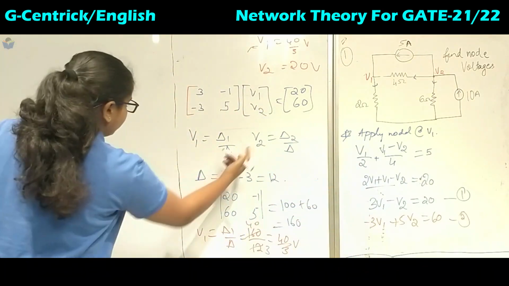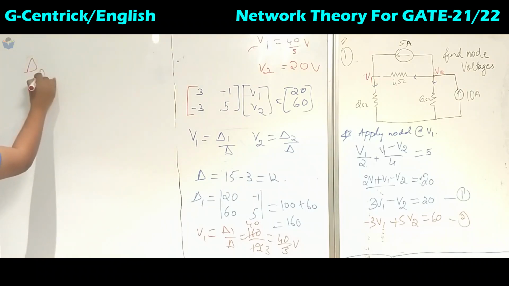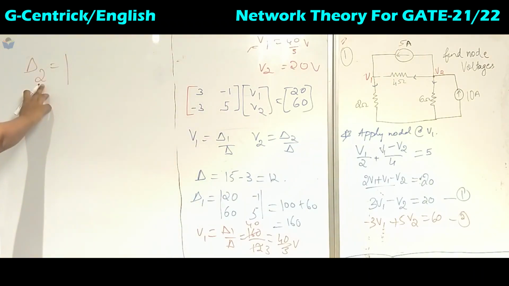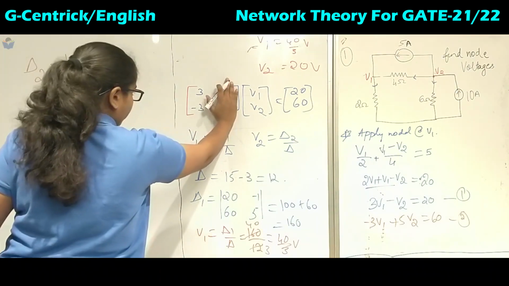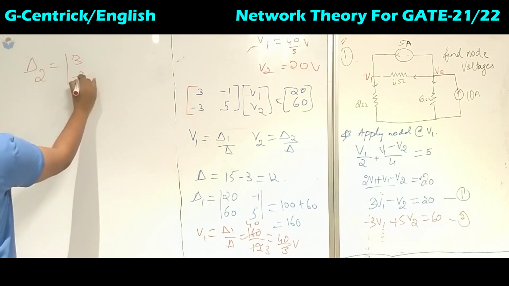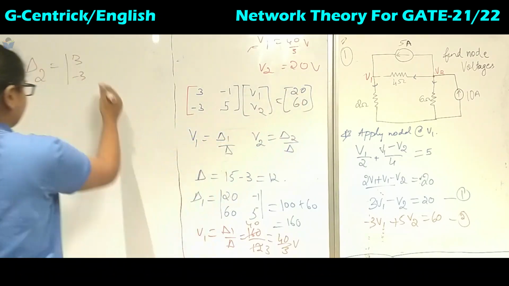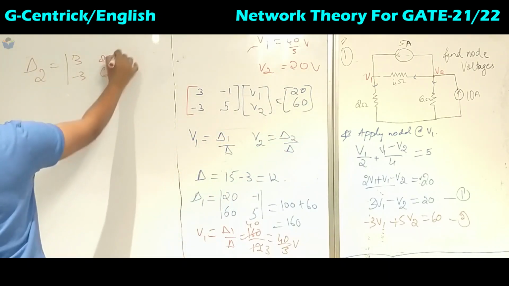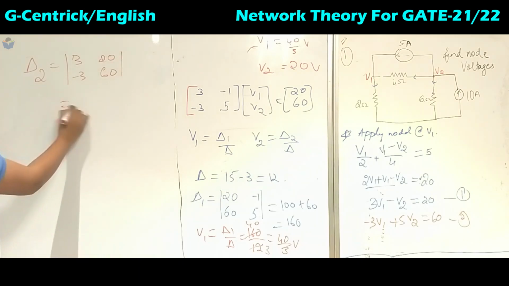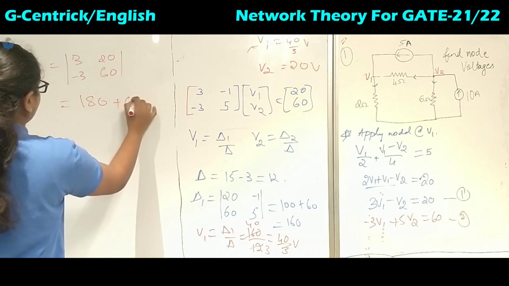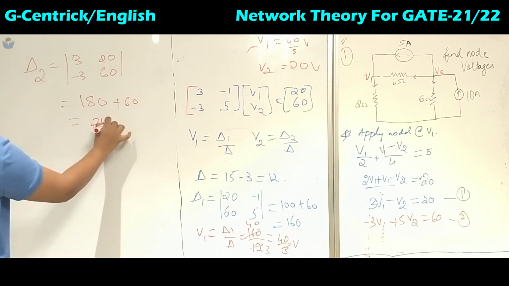Now to find the value of del 2, the subscript is 2, so replace the second column. Write the first column as it is and replace the second column with 20 and 60. Now calculate the determinant of this matrix. It is 180 plus 60, so you will get 240.